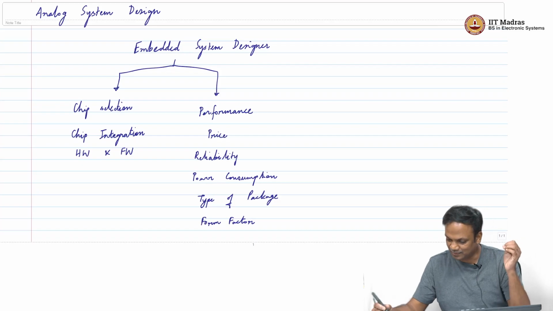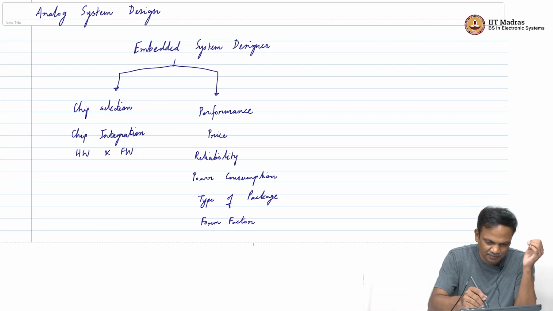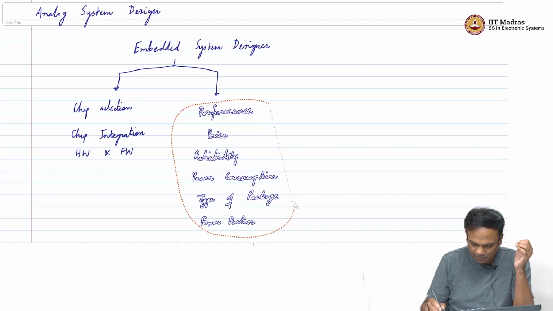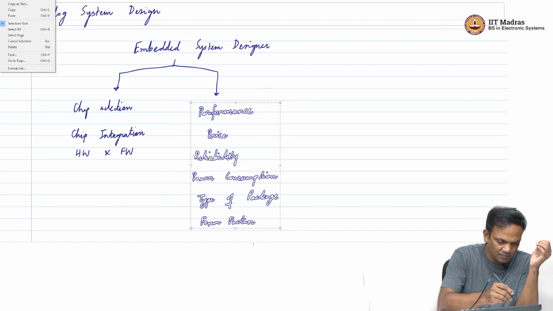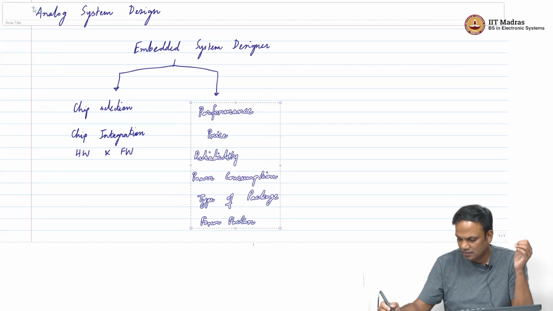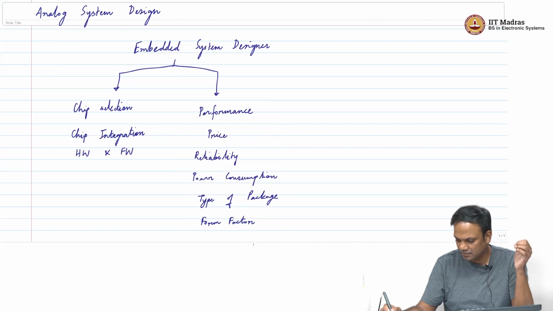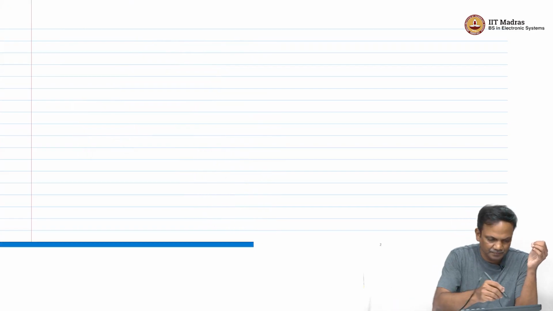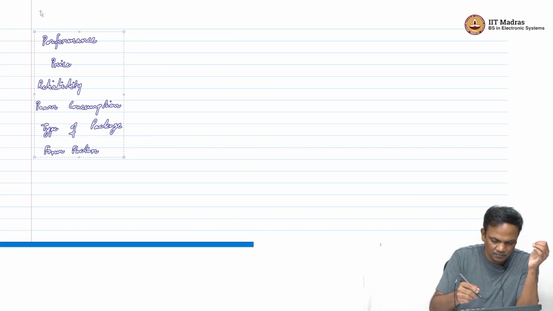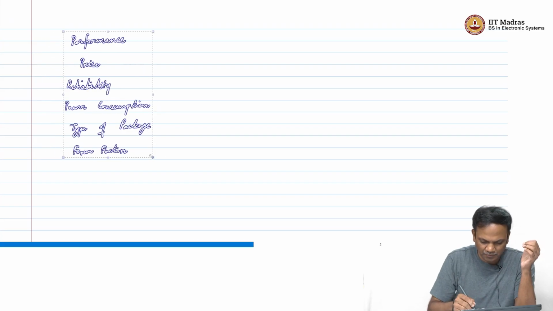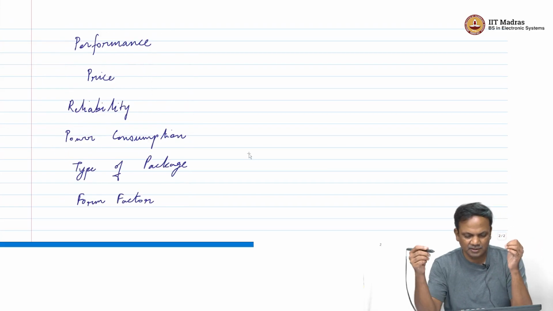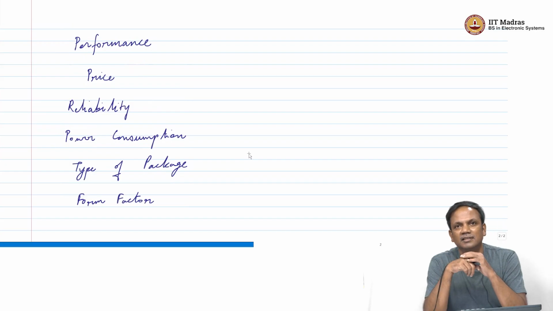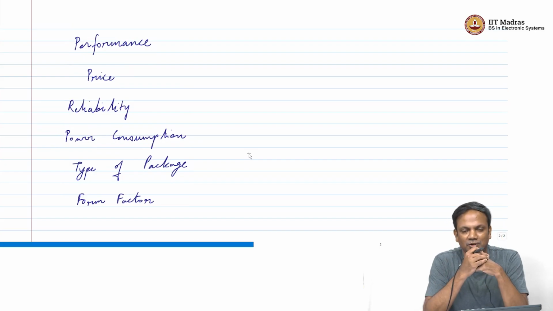Let us continue. What we are now going to do is look at these 6 parameters in the context of the charging subsystem. So we are going to keep this here, so we constantly remind ourselves that these 6 parameters are important.